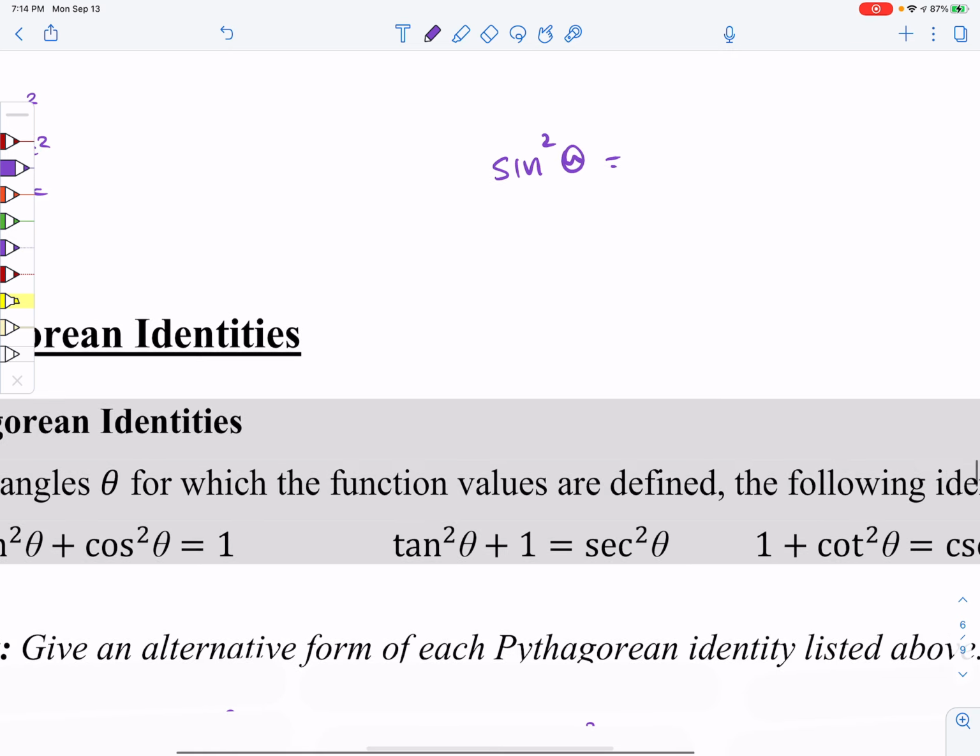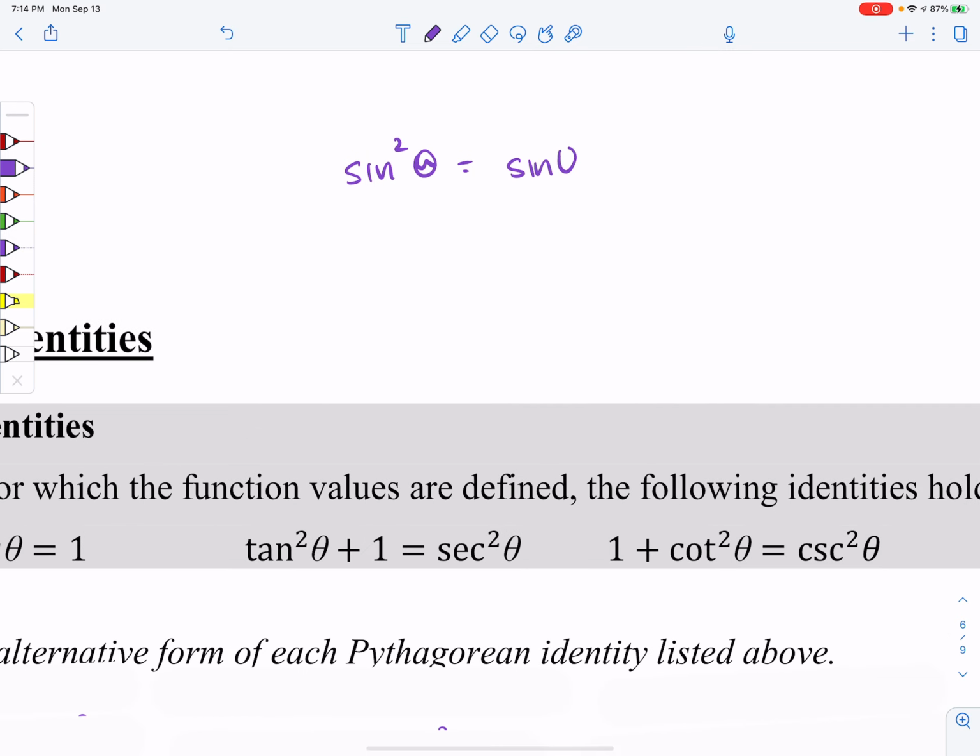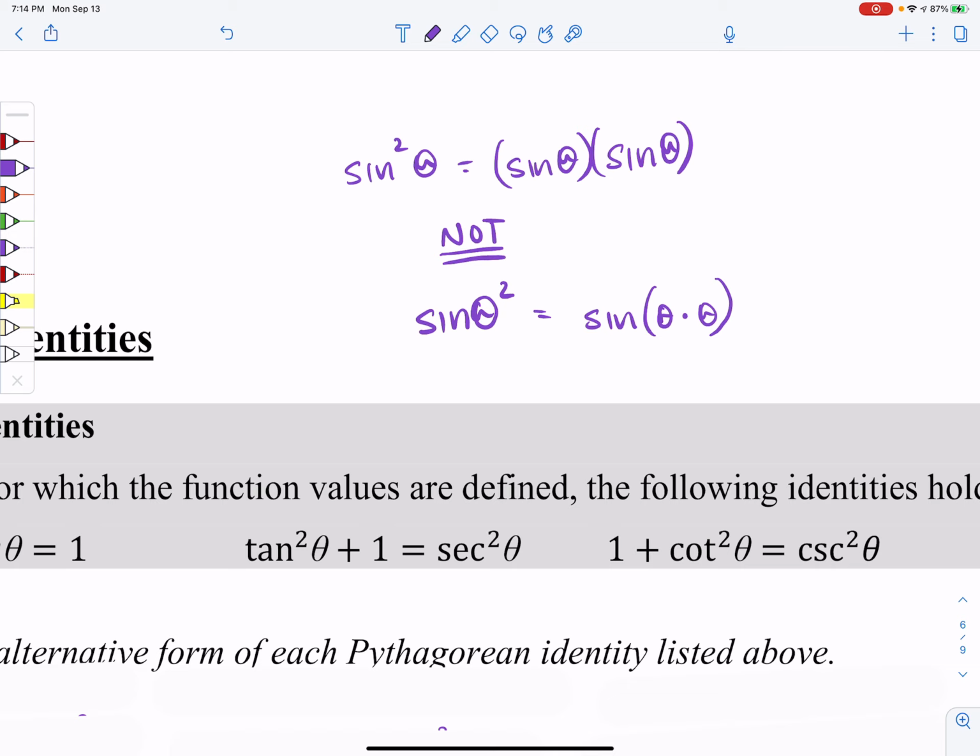Basically, this is the same thing as the sine of theta times the sine of theta. What I want you to understand is that this is not the same thing as sine of theta squared. The sine of theta squared would be the sine of theta times theta. So these are not the same thing.